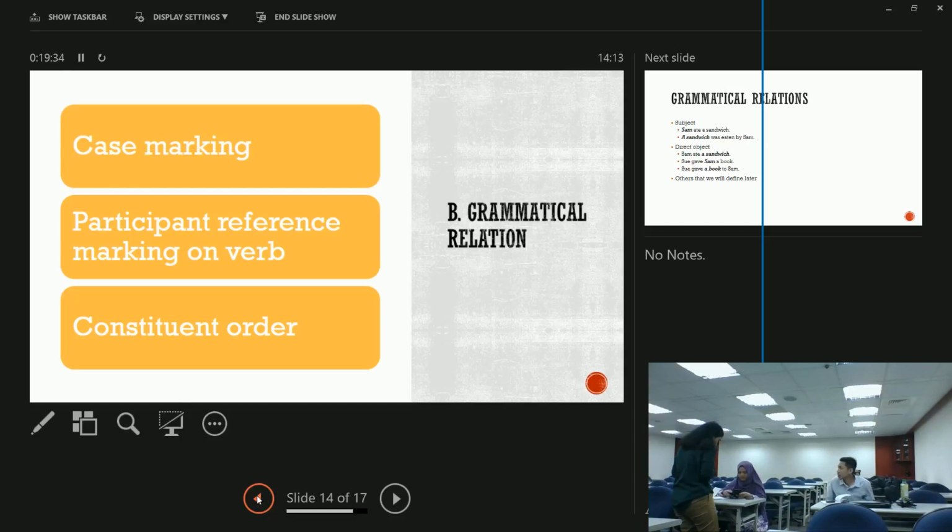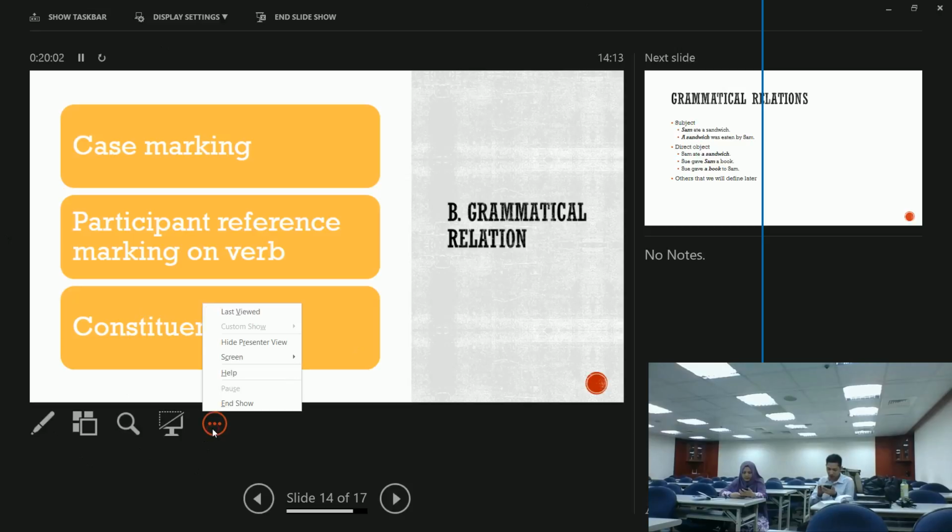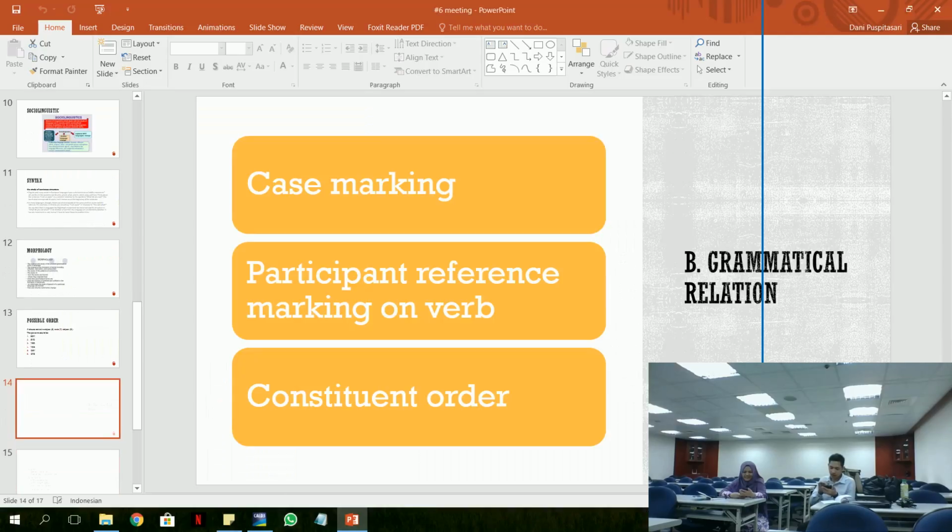Grammatical relation, gitu ya Miss? Ini udah tak screenshot, tak kasihin ke teman. Oh yeah, screenshot. Good. Smart idea. Wah, terima kasih Mas Dri. Oke, ayo.